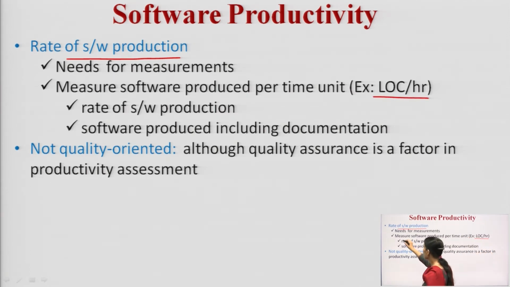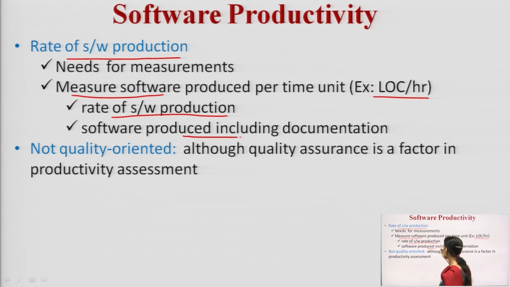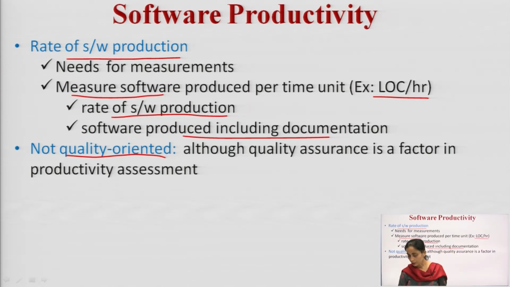That gives me an idea of the software production rate, and the software is produced including documentation. This productivity measure is not quality oriented. Although quality assurance is a factor in productivity, we are not counting it.